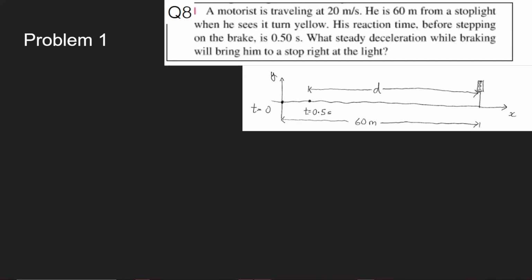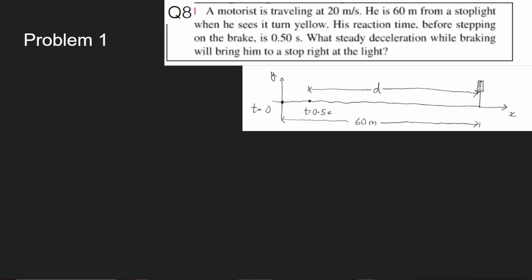But this one is a little bit more complex just because there are two different parts of the situation. There's the part where he's just driving 20 meters per second, and then there's the part as he's slowing down. So there are really two scenarios in one, but that's not so bad.